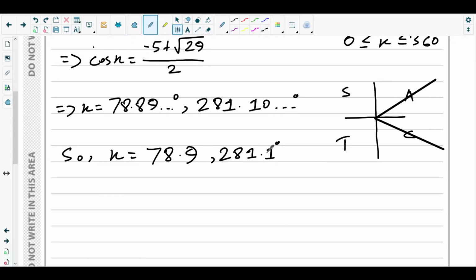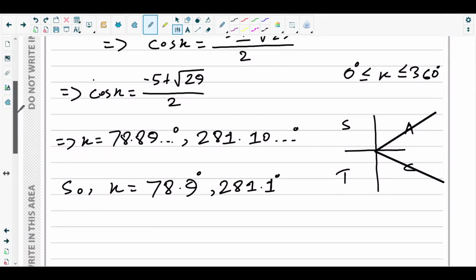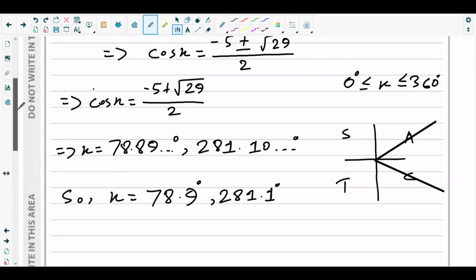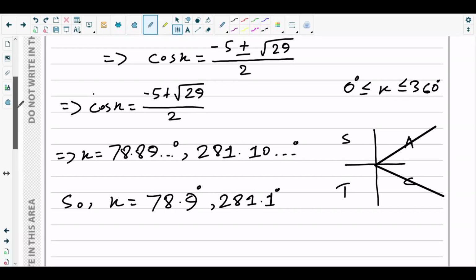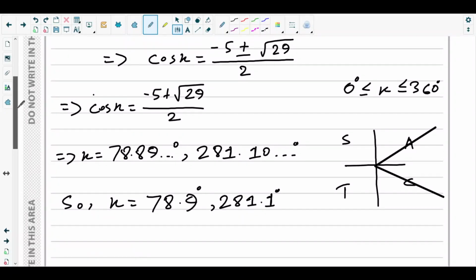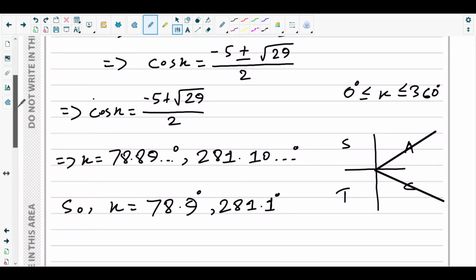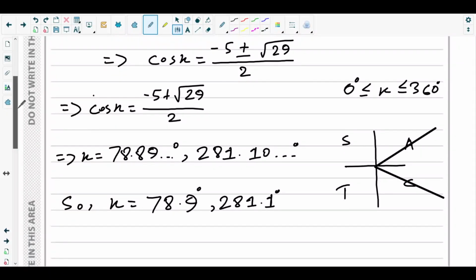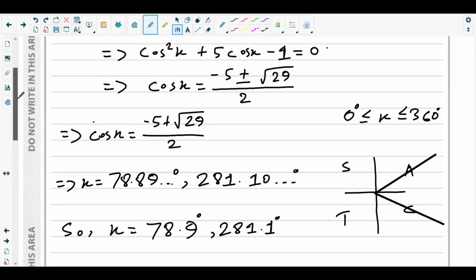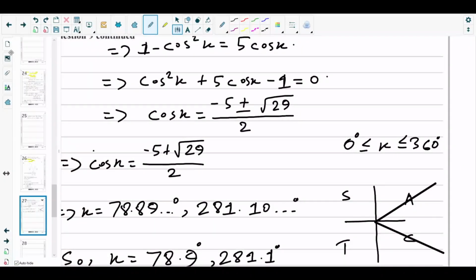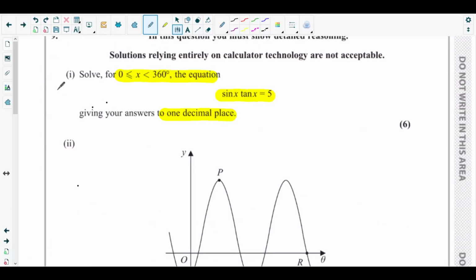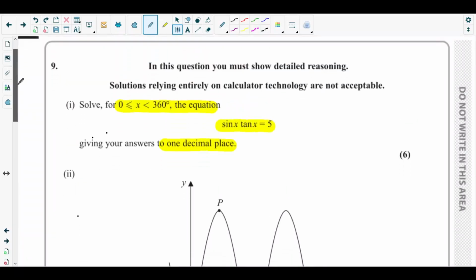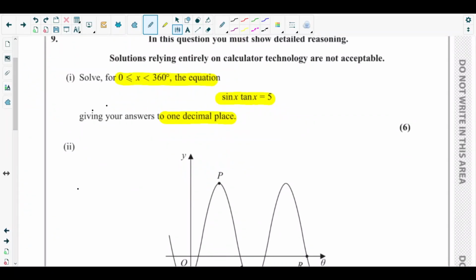Earlier I said four possible values for x would be there, but I didn't consider that the negative value was less than negative 1, which is why we have to ignore it. So there are two possible values for x, and that's the solution to the given trigonometric equation in question number 9 part 1.